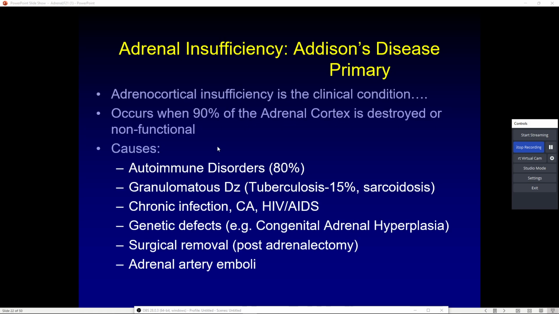Genetic defects are rare, but congenital adrenal hyperplasia, surgical removal, post-adrenalectomy, and adrenal artery emboli, probably the most uncommon, but think pulmonary embolism, but in the adrenal gland. There's a clot, blocking off blood flow kills it, the adrenal gland dies, no longer functional.